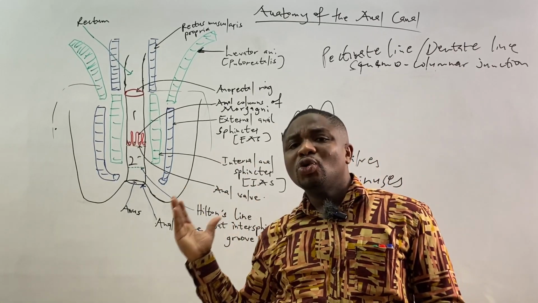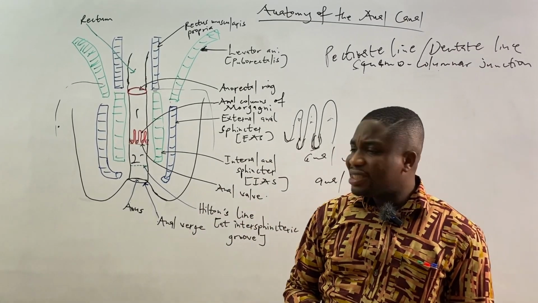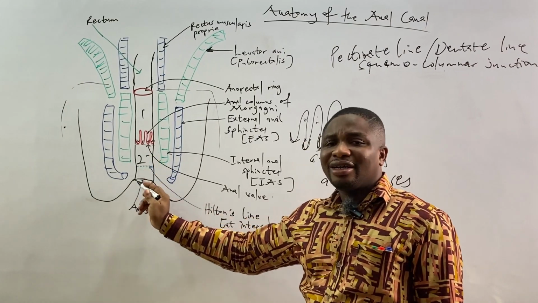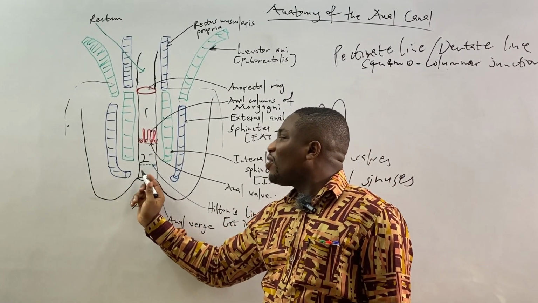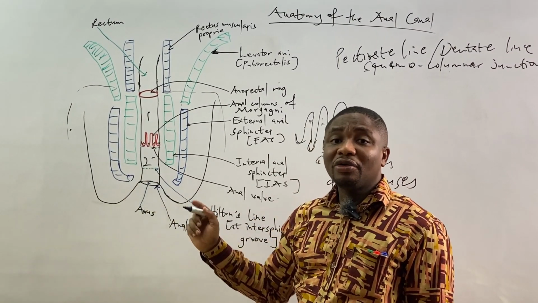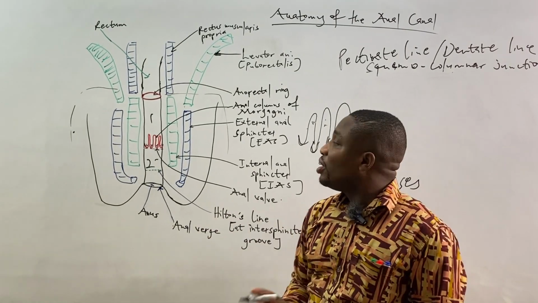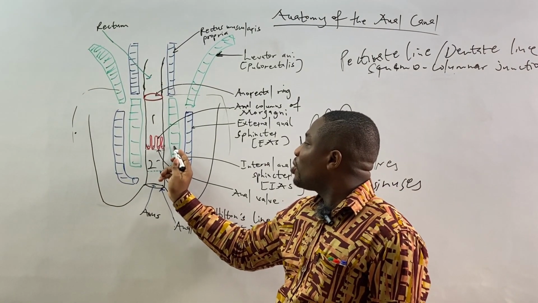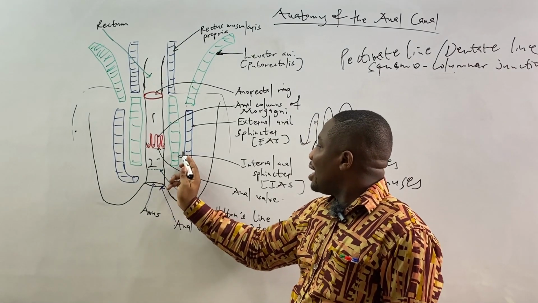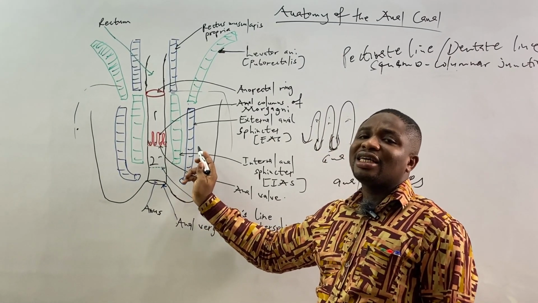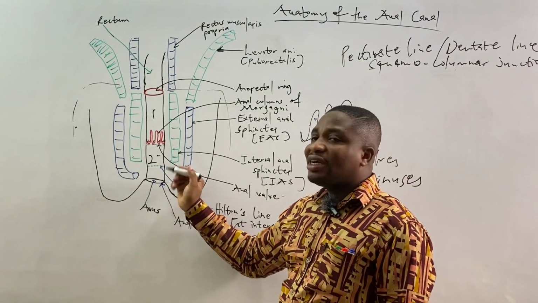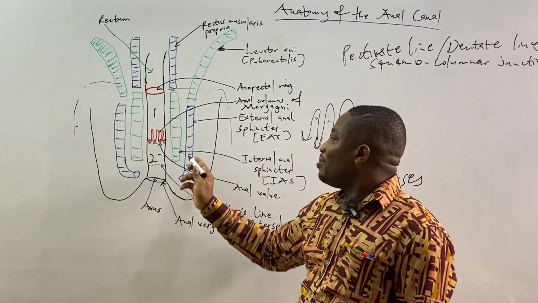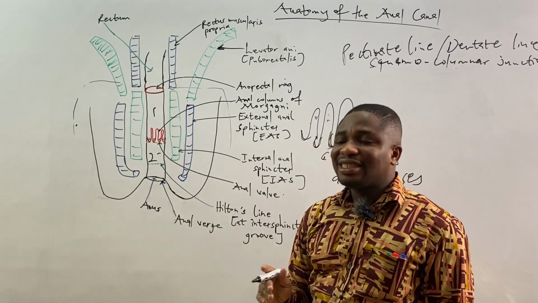Now, if you look at the upper anal canal and the lower anal canal, you will notice the lower anal canal at the level of the intersphincteric groove. What am I calling the intersphincteric groove? If you look here, we have the internal anal sphincter, and outside you have the external anal sphincter. If you observe very carefully, you will notice that both sphincters do not end at the same point.